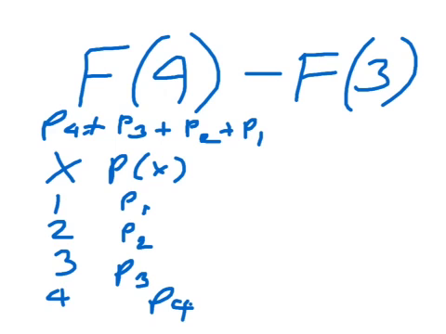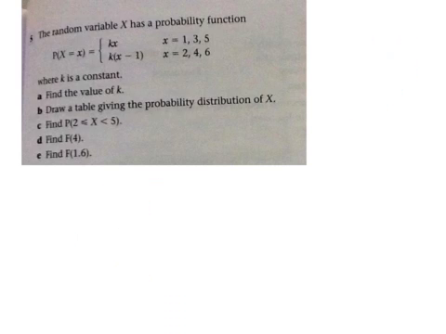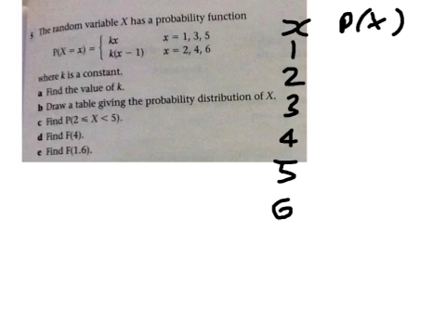Right, so with this question then, we'll write out the distribution and find the value of k to start with. For 1, 3 and 5 it's simply kx, which gives us k, 3k and 5k against those numbers using the formula. Then it is a different formula for the even numbers, so it's going to be 2 minus 1 times k, which will give me k for 2.